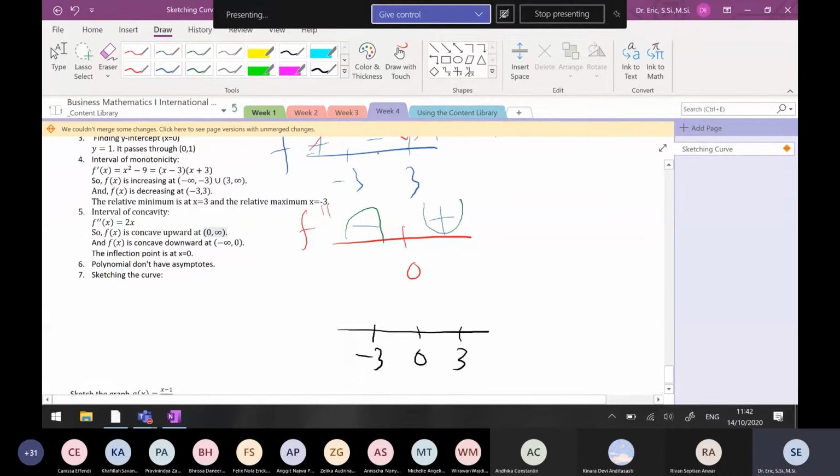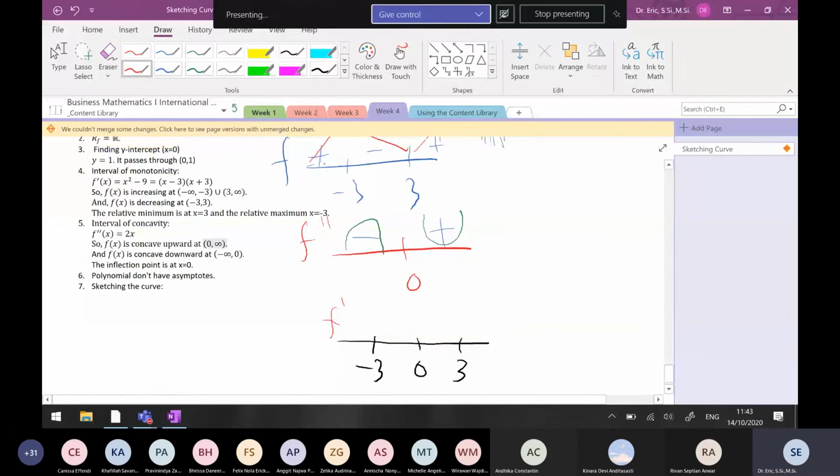Minus 3, 0, plus 3. I want to have f prime. Looking at the blue f prime, the sign is plus, minus, plus.